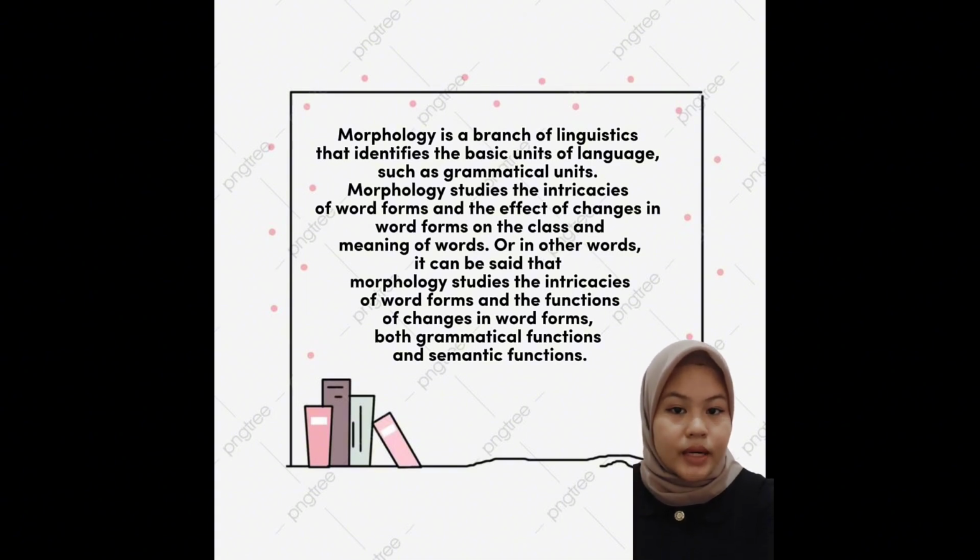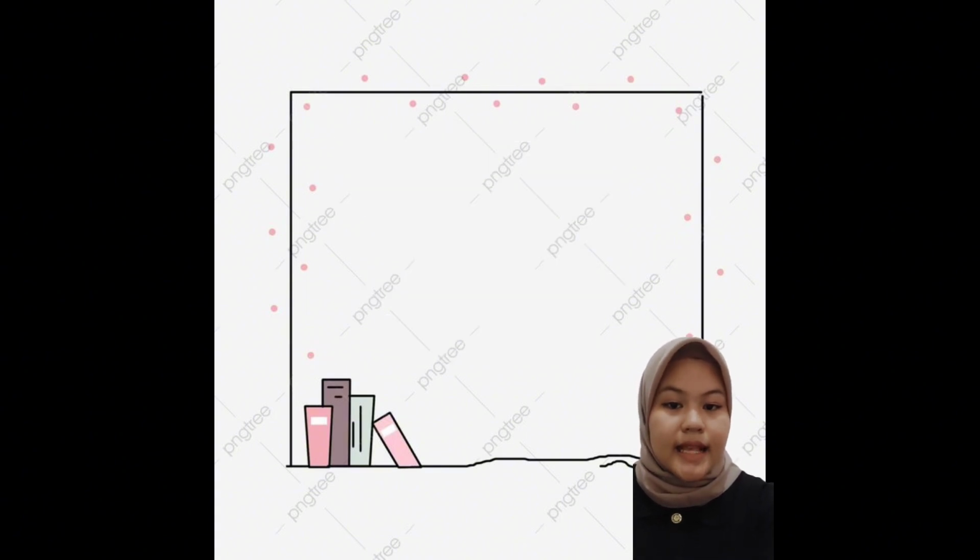Or in other words, it studies the function of change in word forms, both grammatical function and semantic function. So, clitic is a part of morphology in linguistics and is a type of morpheme that has special properties.